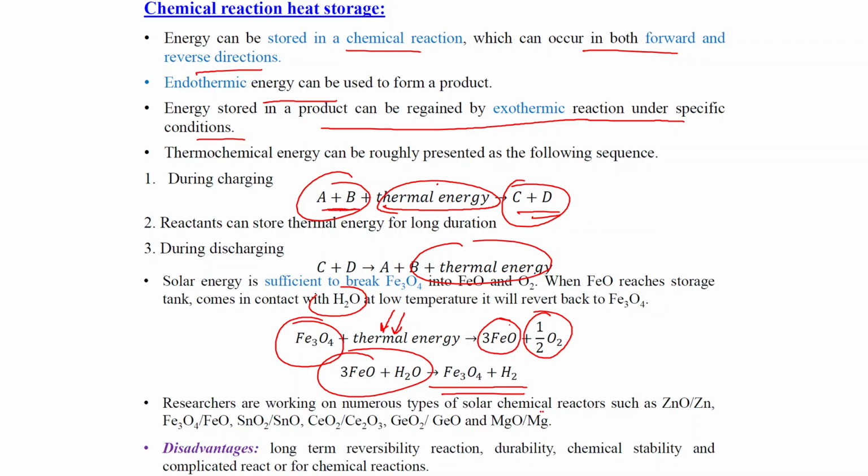Researchers are working on numerous types of solar chemical reactors to store thermal energy, but it is not a very explored field, so there are various disadvantages which need to be worked on. Long-term reversibility of the reaction is a problem, durability is a problem, chemical stability is a problem, and chemical reactions are complicated.